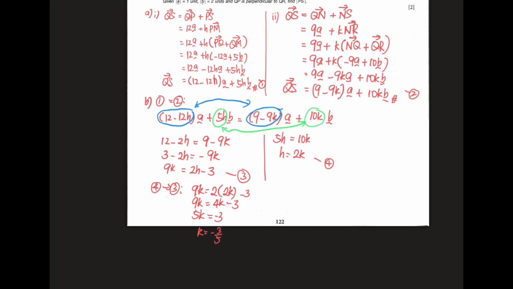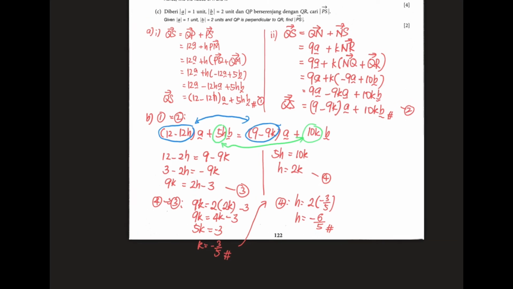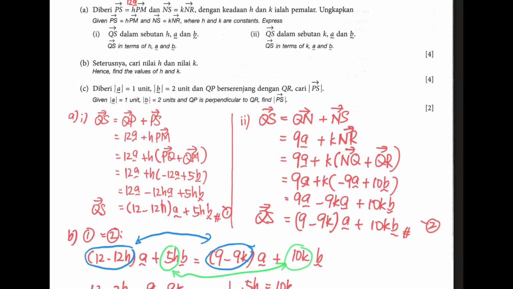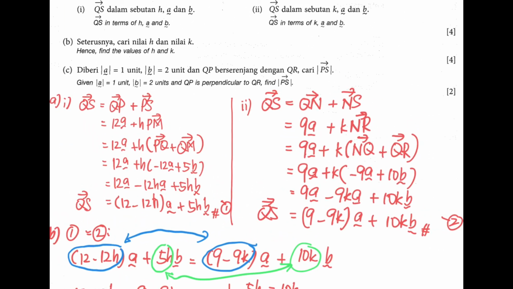So you get the value of k, and we just use equation 4 to get the value of h. 2 times k, so h equal to -6 over 5. So we get the values of h and k. Let's continue with part C.